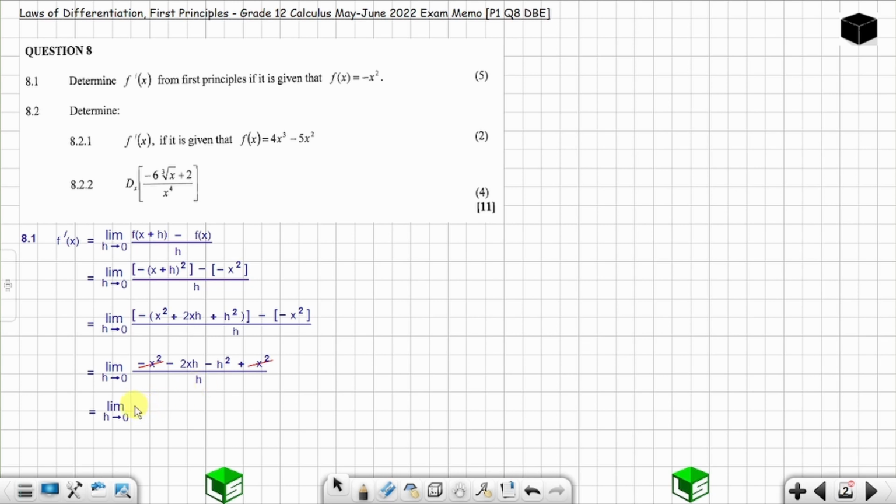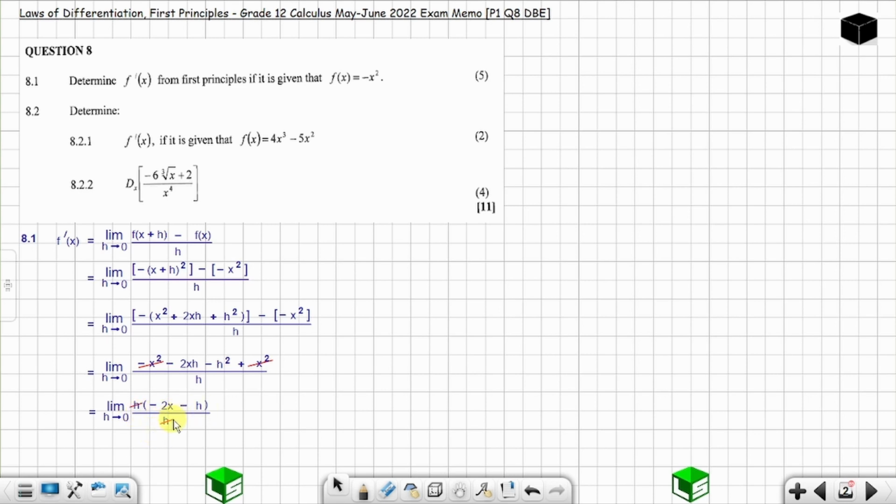So you take h outside of the bracket, you have minus 2x remaining, and you have minus h. So you close the bracket. This is over h, and you can see you can cancel.